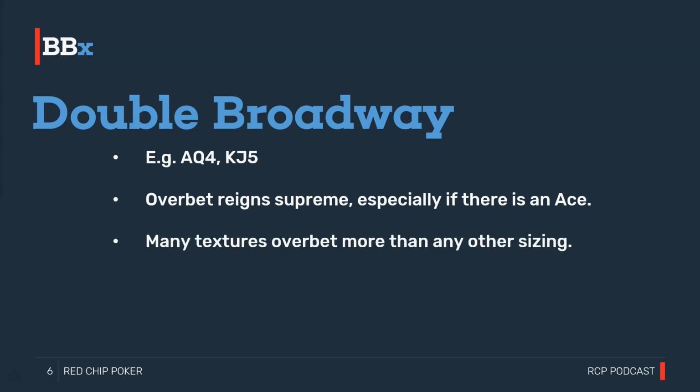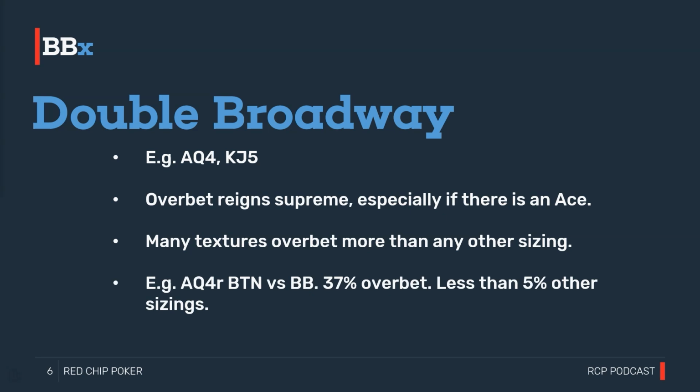So just to give you a simple example, imagine button versus big blind. We've open raised on the button, big blind has defended against the open raise, and the board texture comes down ace, queen, 4, rainbow. So it's a double Broadway texture. In terms of the distribution of different sizings used on a certain solver model, we see 37% overbet.